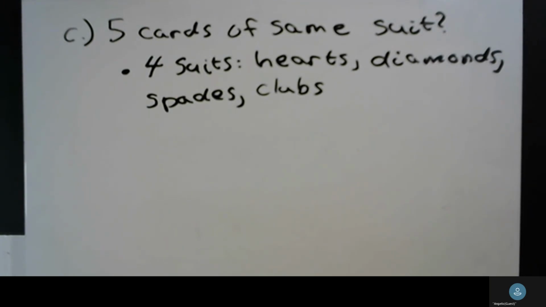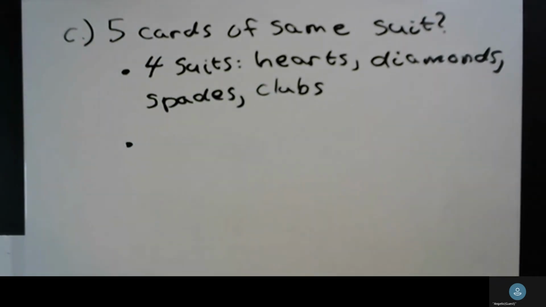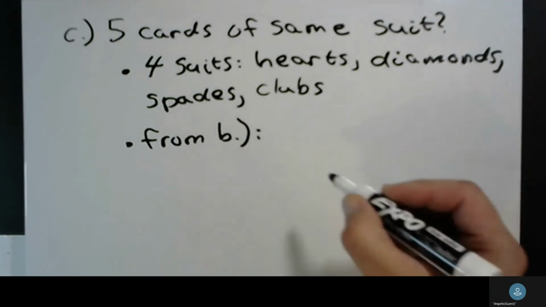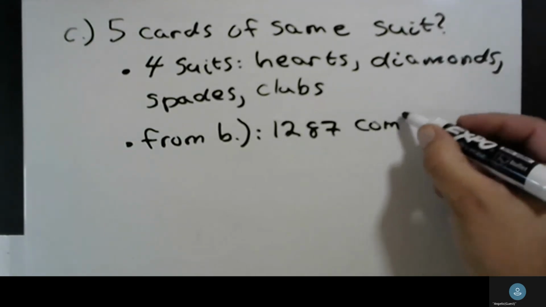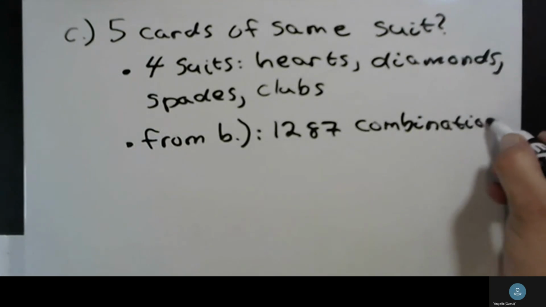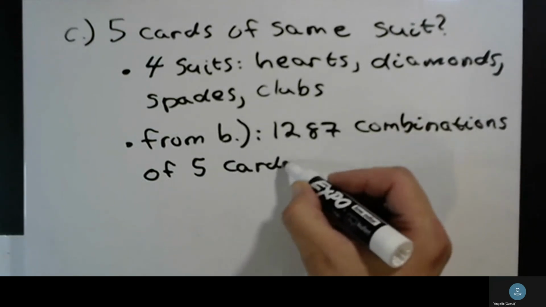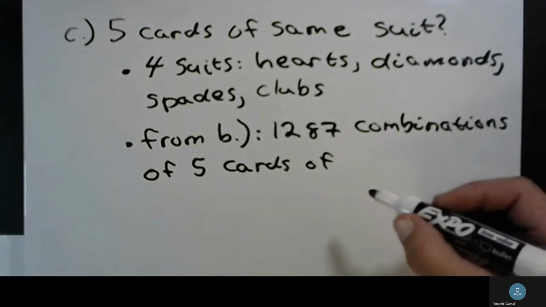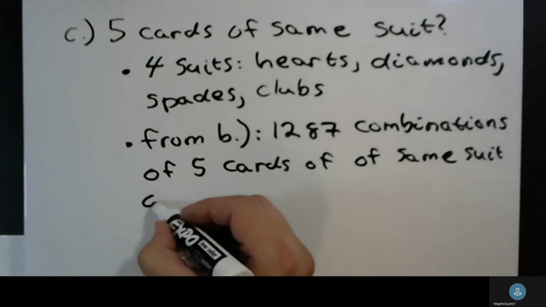So what we know is this. To choose 5 cards of the same suit, we know this from part B. Well, from part B, there's 1,287 combinations of 5 cards of the same suit of hearts.